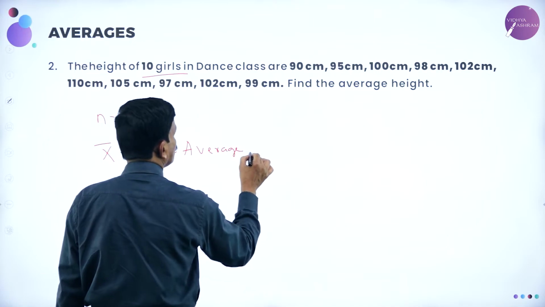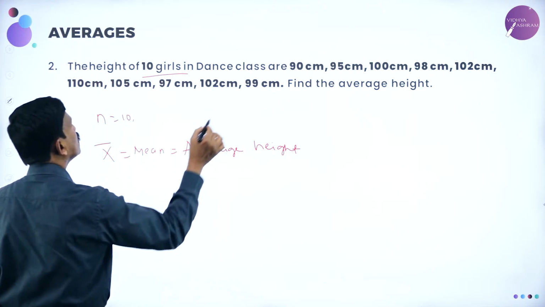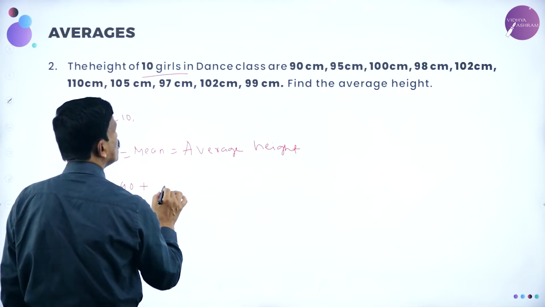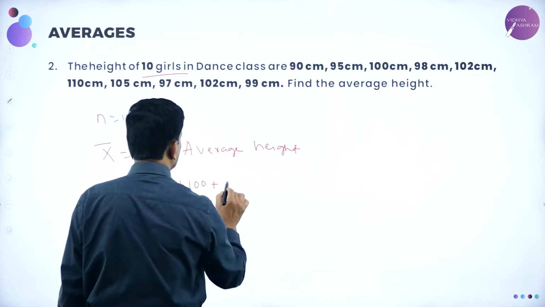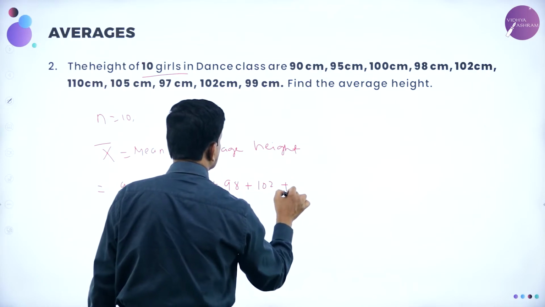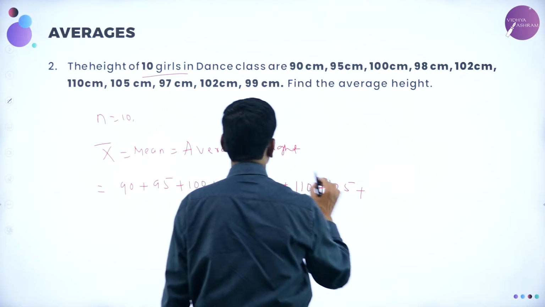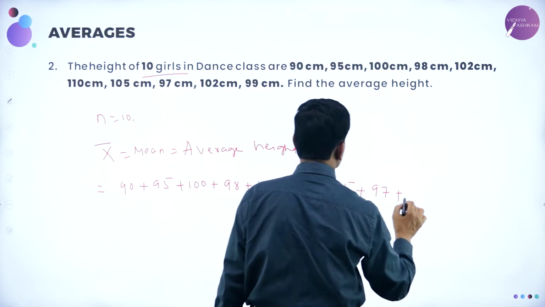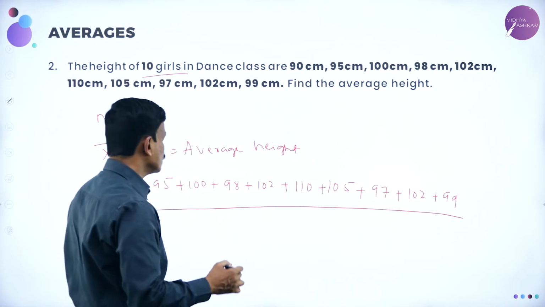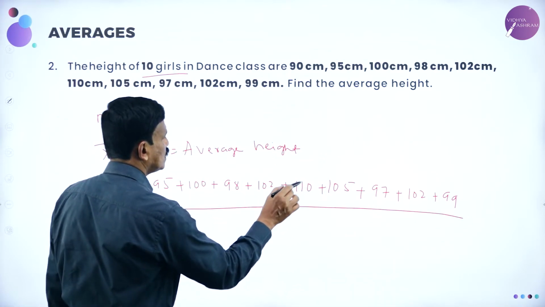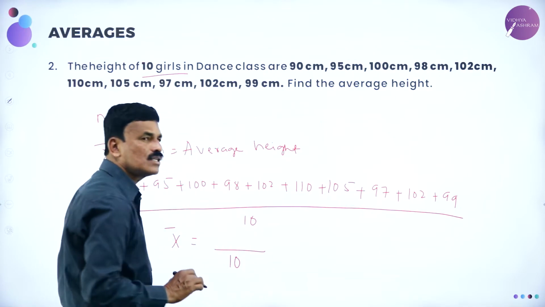So, the average height is equal to, just add it: 90 plus 95 plus 100 plus 98 plus 102 plus 110 plus 105 plus 97 plus 102 plus 99, whole divided by the count of numbers, which is 10.